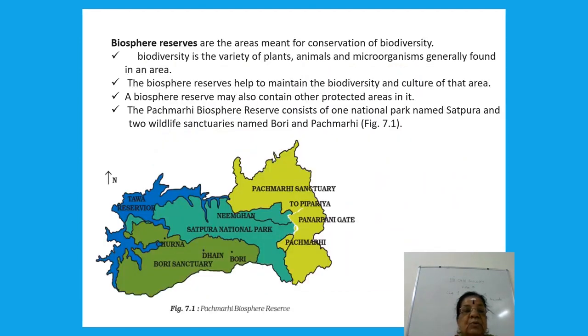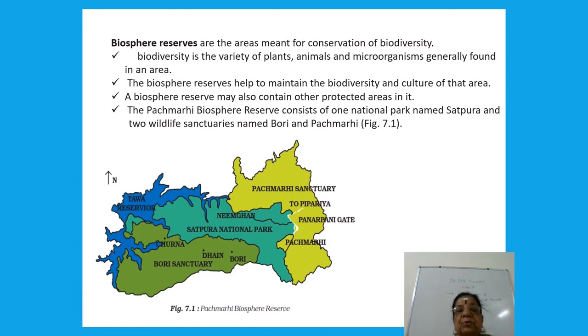The next one, bioreserves are the areas meant for conservation of biodiversity. I repeat, bioreserves are the areas meant for conservation of biodiversity. Biodiversity is the variety of plants and animals and microorganisms found in that area.